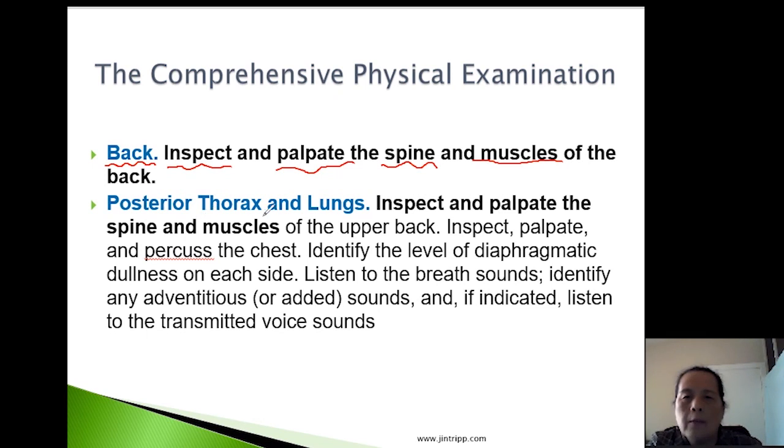We also think about the lung and the chest cavity, so we especially look and palpate there, for the spinal and the muscles. And we also can do percussion, like we talked about before, for the chest.